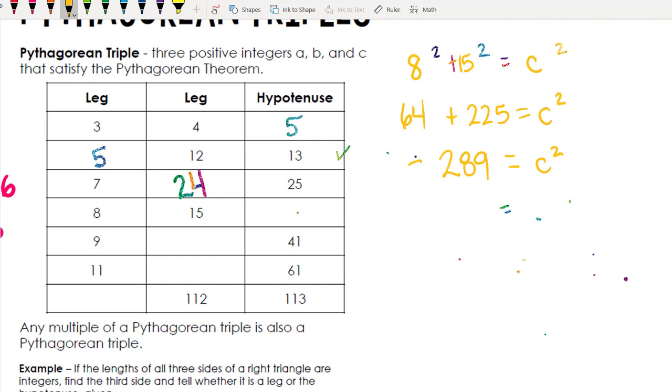Now we're left to square root both sides to keep it balanced. This is 17. And this is a single c. So it's 8, 15, and 17.